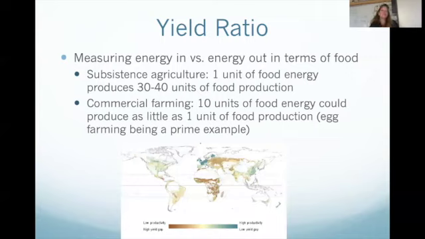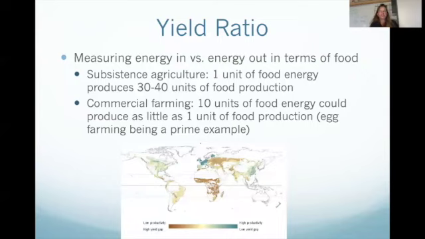Yield ratio is measuring the energy in versus the energy out. In subsistence agriculture, 1 unit of food energy produces 30 to 40 units of food. So we have a high food production. In commercial farming, 10 units of food energy could produce as little as 1 unit of food.